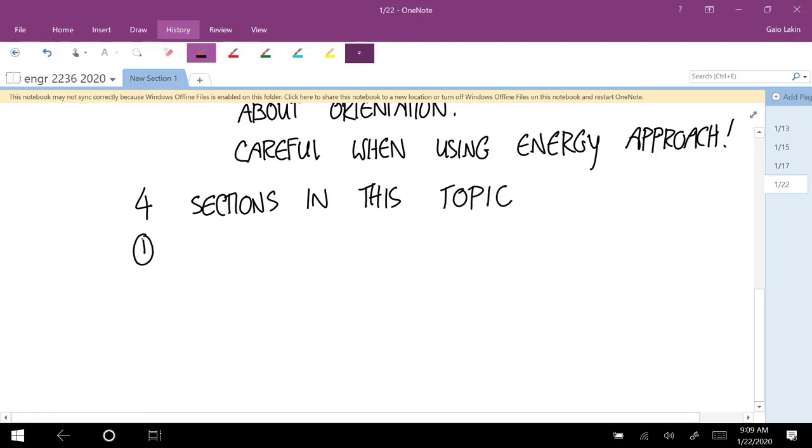The first one is the time derivative relationships. So the acceleration vector is the time derivative of the velocity vector.